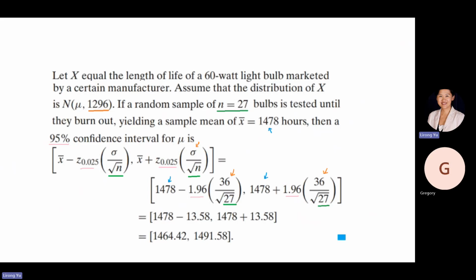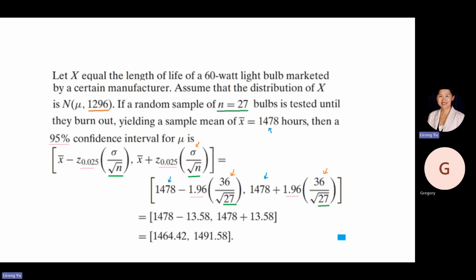So we're going to have 2.5% there and 2.5% there. The boundary is z 0.025, and that's negative z 0.025 because the middle is 0. Try to indicate what z we are requiring. The lower bound is x bar minus z 0.025 times the standard deviation divided by root n, and the upper bound is x bar plus all that. That's giving us the calculation method for the interval. Any question?